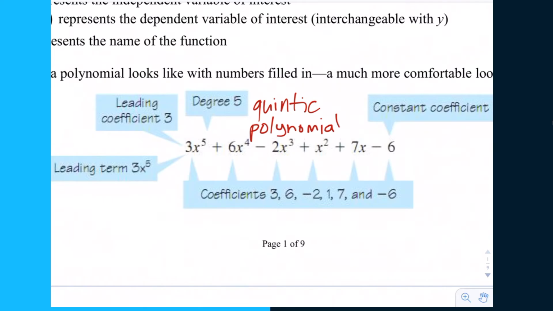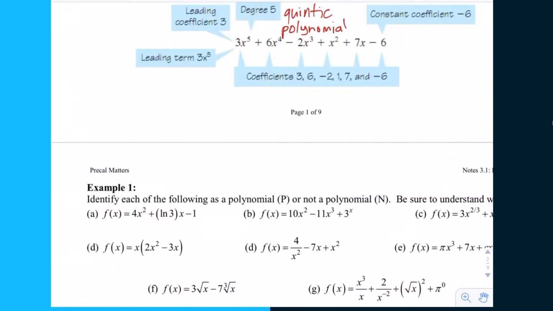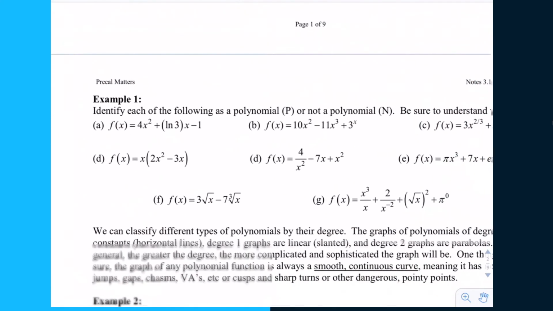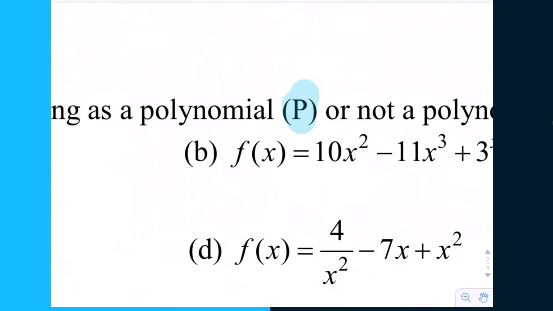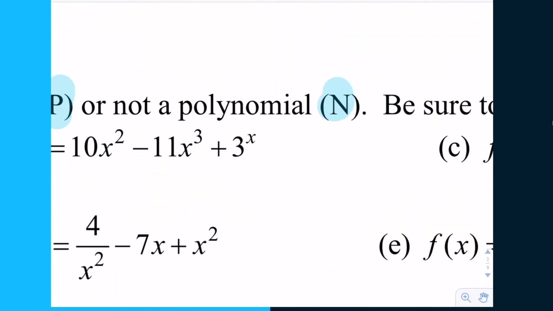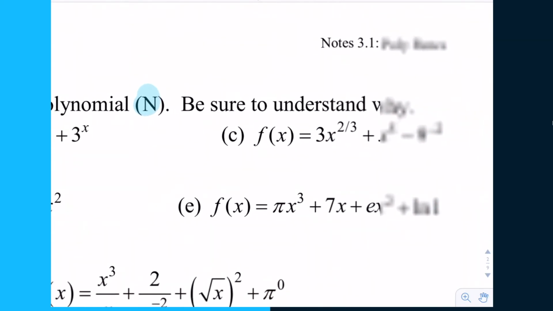Let's try it. Example 1. Identify each of the following as a polynomial, P, or not a polynomial, N. Be sure to understand why.